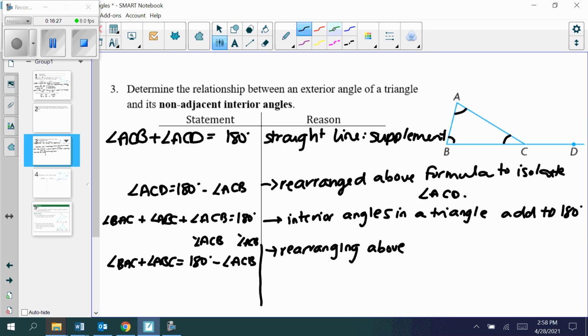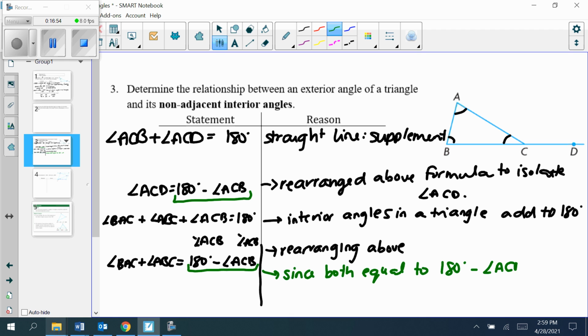And so now, because I have to live in color, I'm going to feature something that we have in both of these two equations. Since both are equal to 180 degrees, subtract angle ACB, we can set them equal to each other.